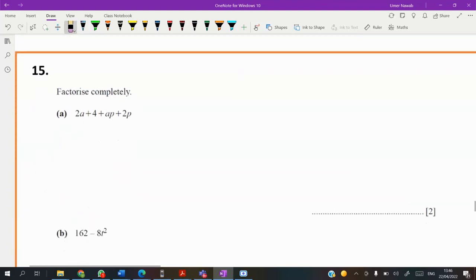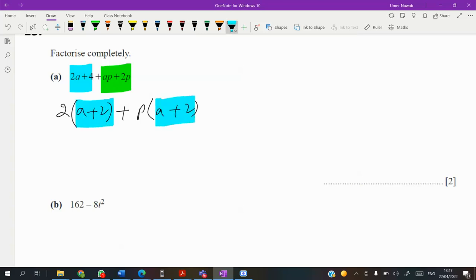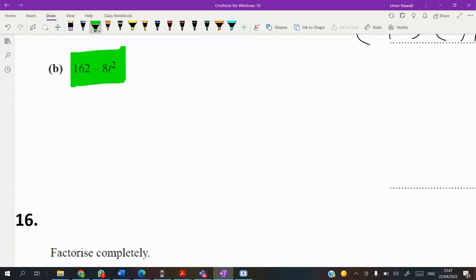Anyways, guys, grouping. So a plus 2, 2 plus b. Common, 8 common, or 2 common, I think, because 162 cannot be divided by 8.